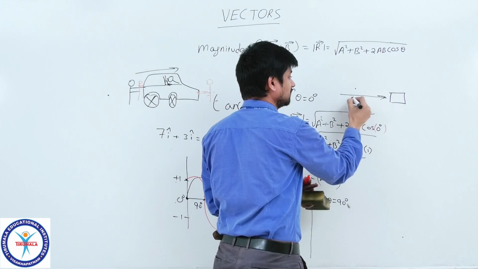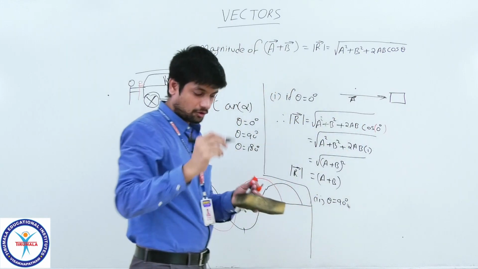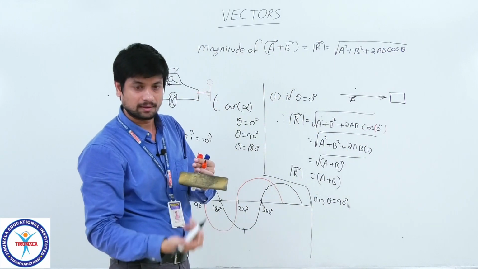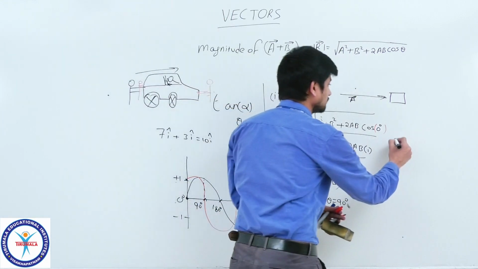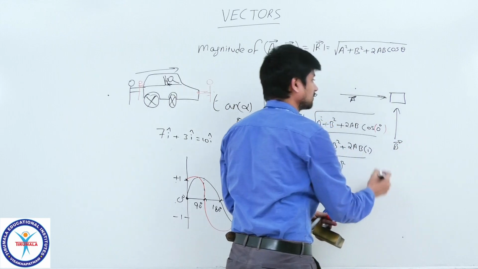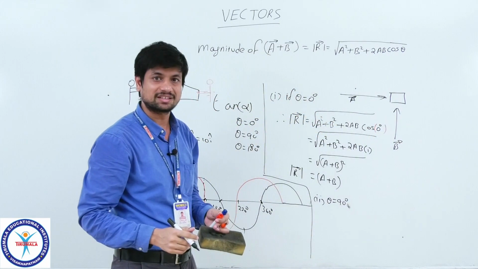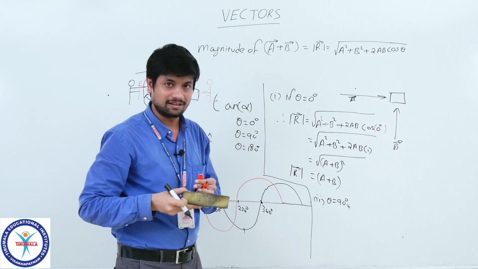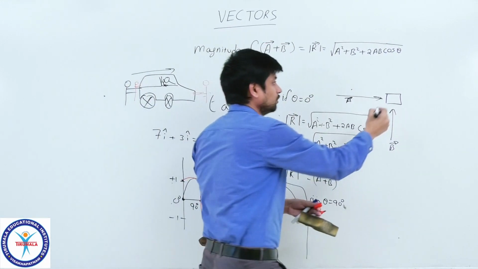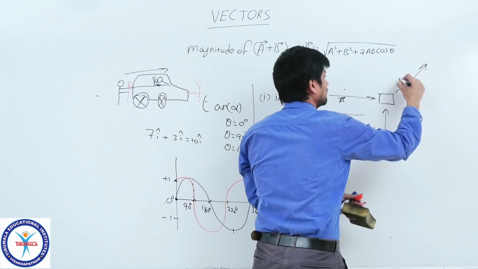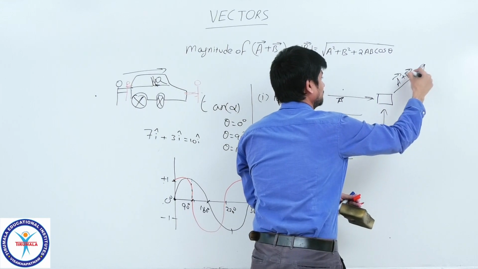This is my A bar. Now you people are applying force in this way, B bar. So it should go in this way. So the resultant force you can see, not this side, not this side, in this way it goes slantly. So the resultant will go in this way, A bar plus B bar.